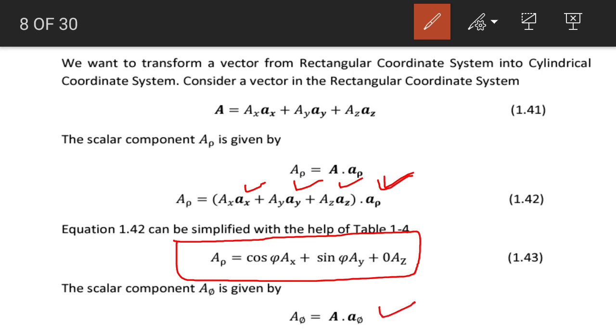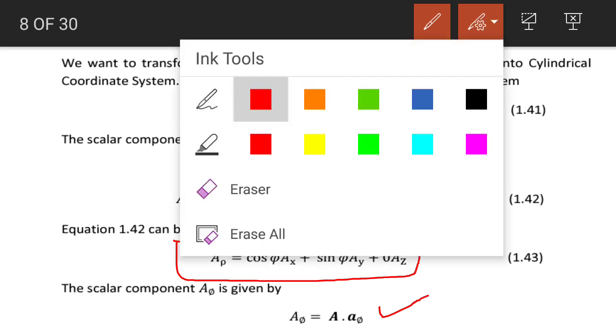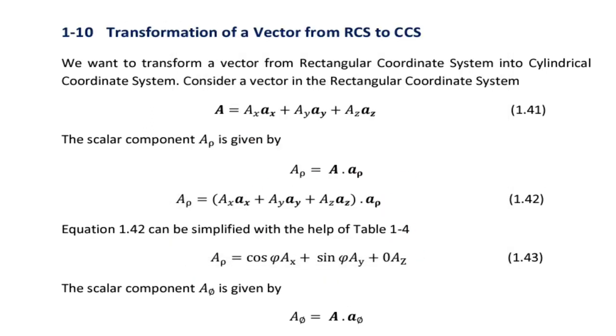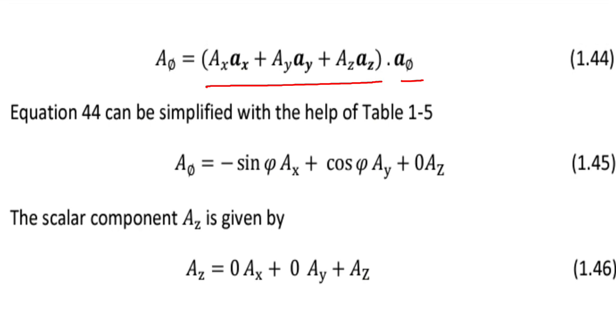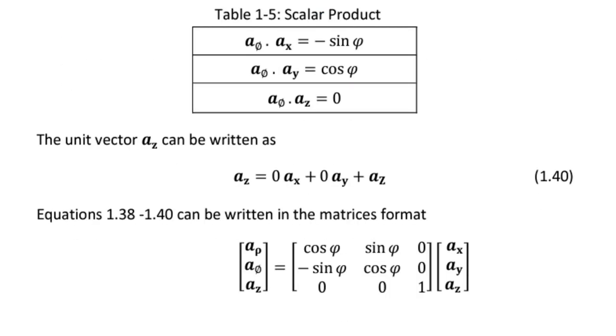Let us calculate the phi component of this vector. So A phi will be equal to A dot A phi. Let us put the value of A on the right hand side of this equation, and then we have dot A phi. And we simplify this scalar product with the help of table number 1.5.